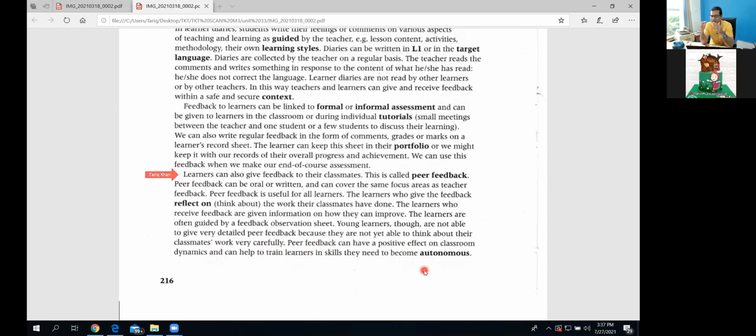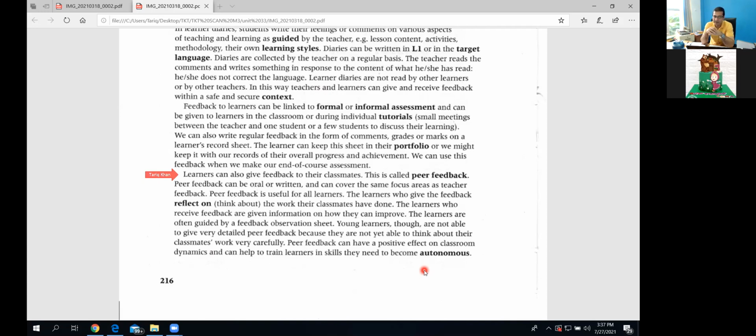They go through each other's work and then they give feedback about how another student in the class has done the work. And in that way, what happens? It builds up autonomous independence in them, right?